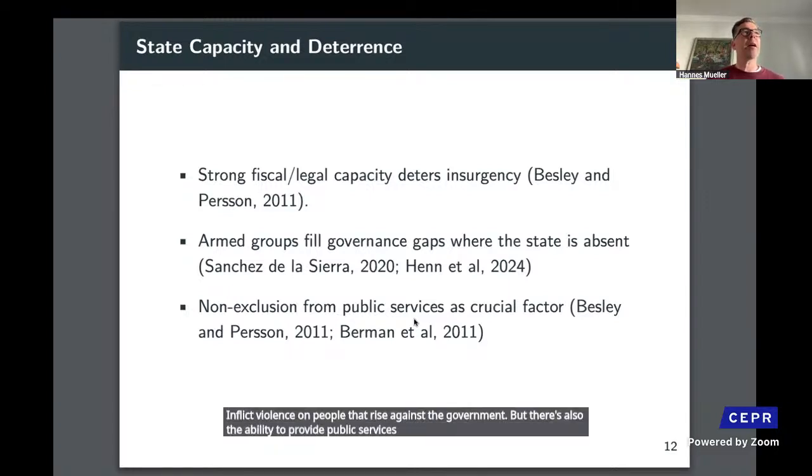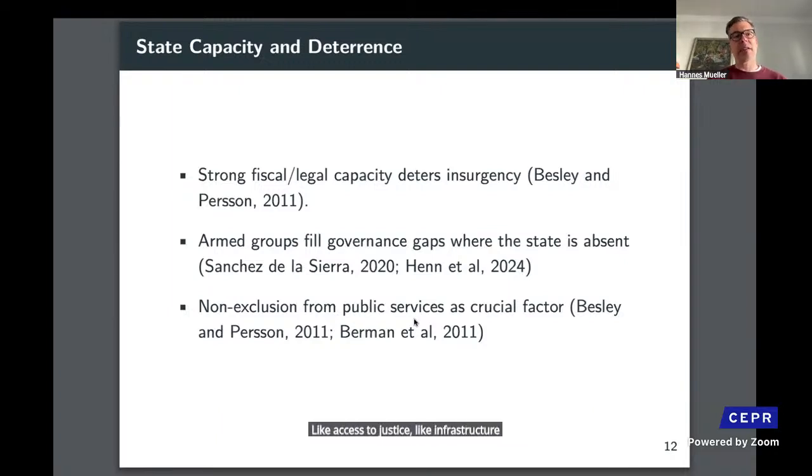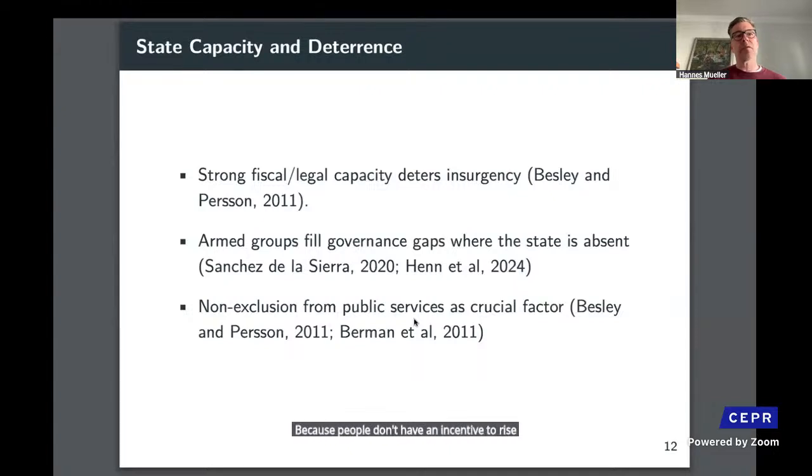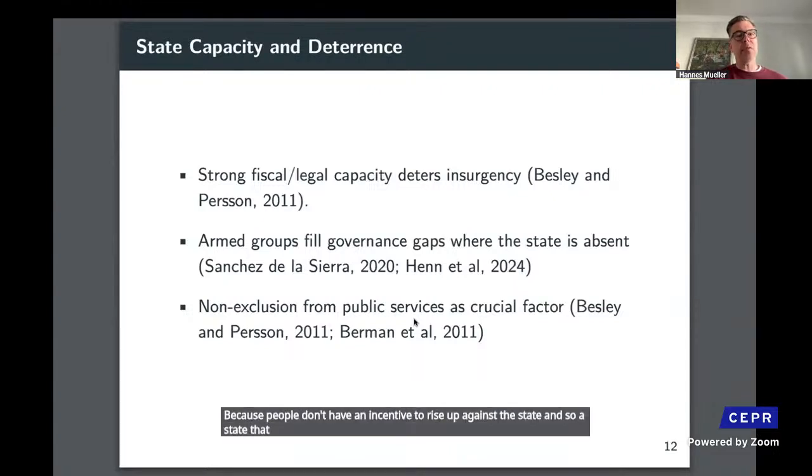And if you manage to have a state that doesn't exclude anybody from public services, like access to justice, like infrastructure, like access to property rights, then this will generate an agreement, and I would even say a cultural change that provides legitimacy to the state. And this is heavily conflict reducing, right? Because people don't have an incentive to rise up against the state. And so a state that has strong capacity and is using it in a non-exclusive way to distribute public services tends to be extremely stable.